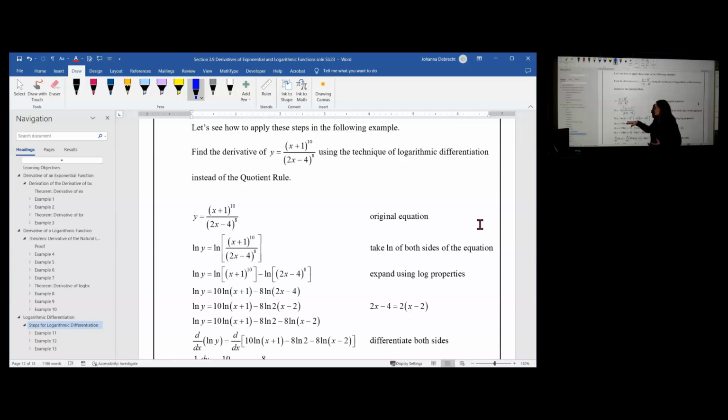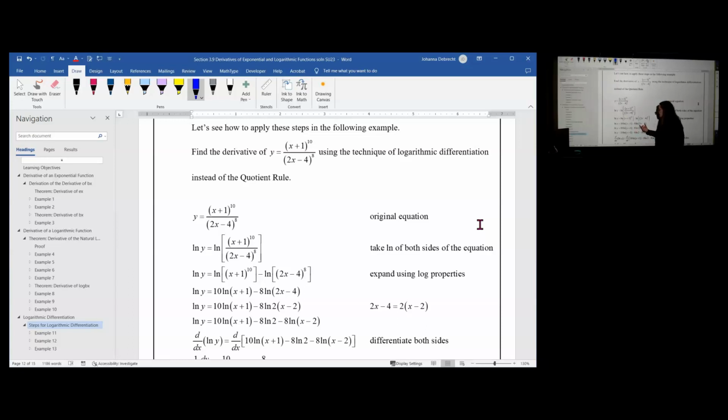We can apply the rule that the natural log of a quotient is the difference of the natural log of the numerator minus the natural log of the denominator. Then I can pull the power on each part to the front. This gives me 10 natural log of x plus 1 minus 8 natural log of 2x minus 4.